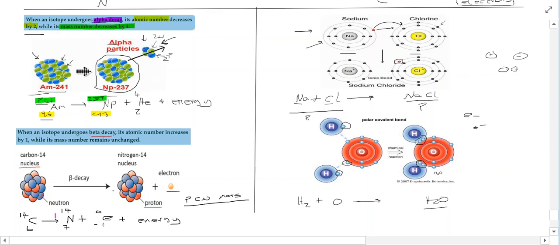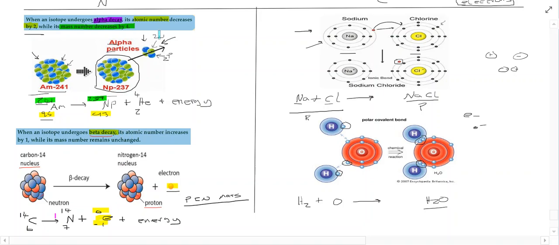So if we have a look here, this is the nuclear reaction for carbon 14. So this then is the definition of it. When an isotope undergoes beta decay, so these are your beta particles, which is essentially this high energy electron, its atomic number increases by 1.